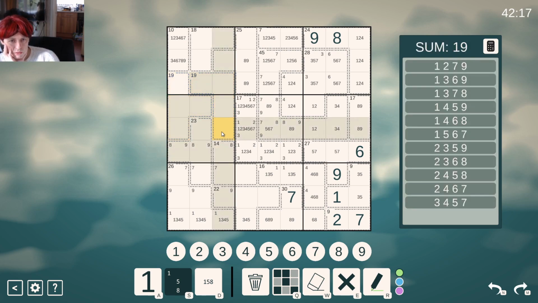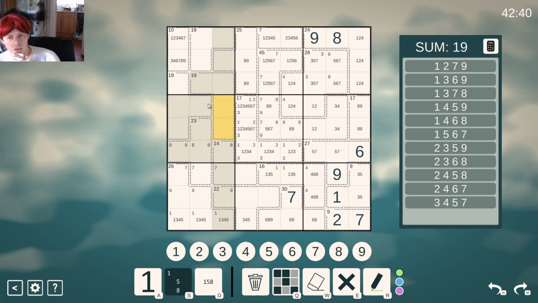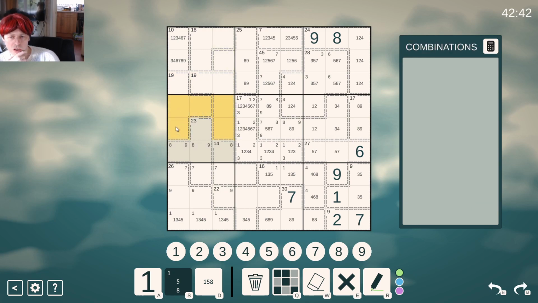I don't know if that's a possibility. No, it's not a possibility, because we can only have one 8 or 9 up here, and we can't have any 8 or 9s down here. Okay, that's that ruled out then.